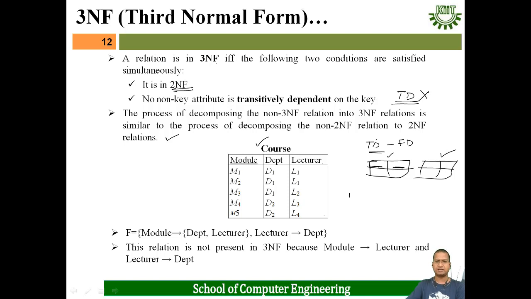Okay, first I will take Module closure. What will Module closure be in these functional dependencies? Module, Department, Lecturer. That means it is determining all the attributes of the relation Course.